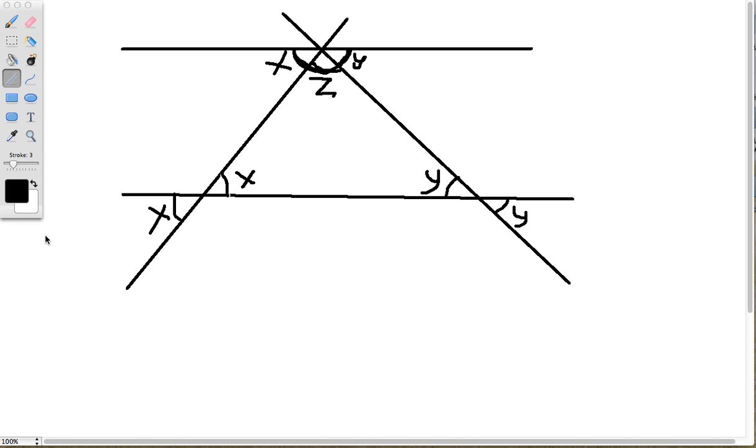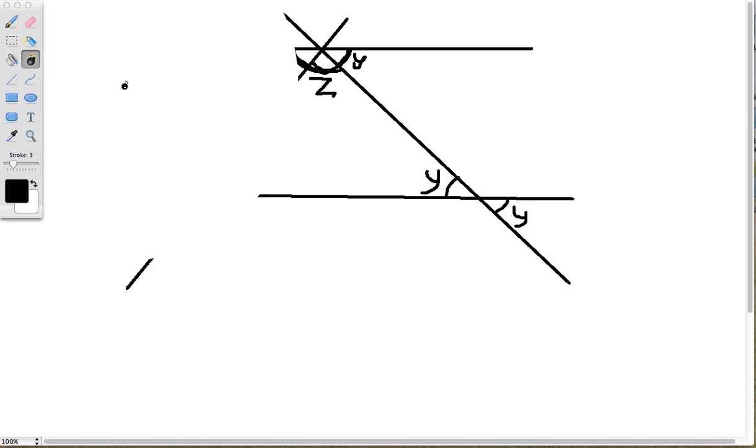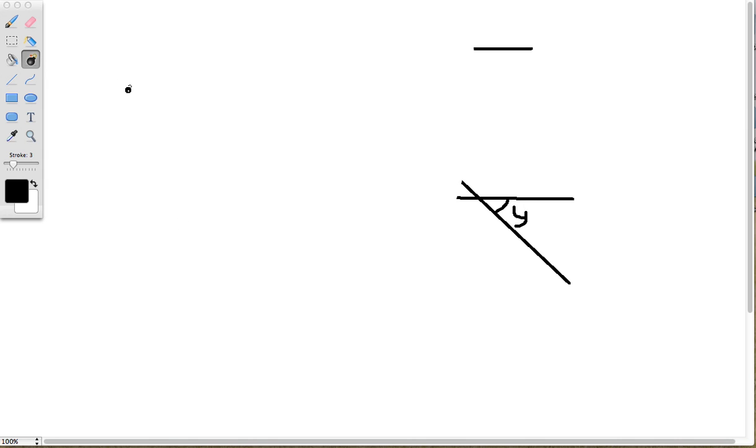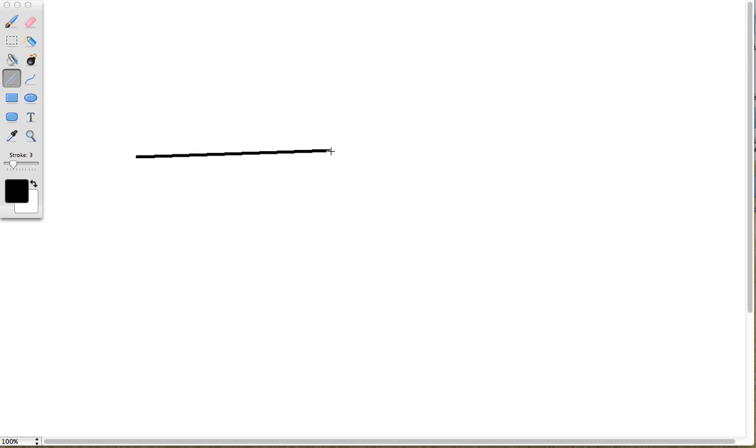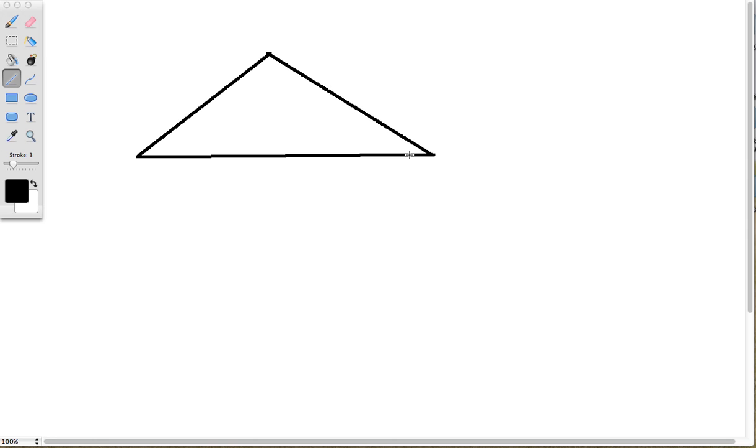So now let's do some more stuff. First let me make a new triangle. Let's make a simple one now that we know that they add up to 180. See how that was fun? Now we showed that it added up to 180.